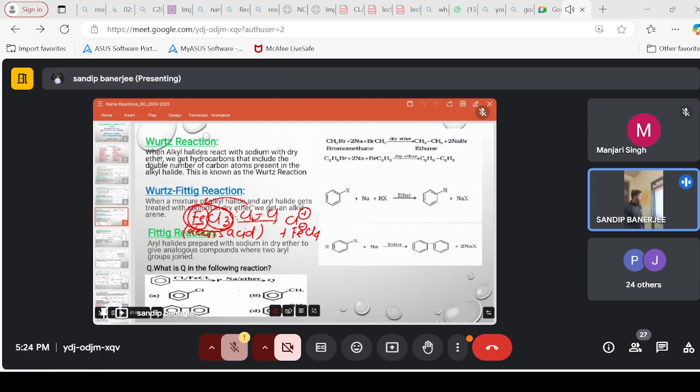And this Cl plus will be easily trapped by this electron-rich benzene ring. That's why in the first stage, as P, you will get chlorobenzene. And in the next stage, with sodium and dry ether, you will get the same Wurtz-Fittig reaction. So your final desired product will be option B, toluene.